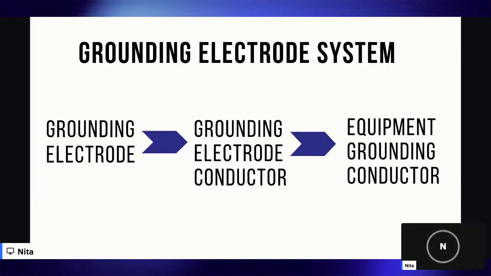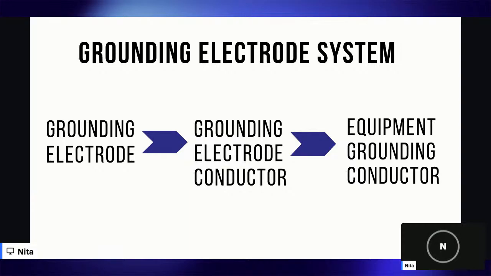So in our main panel, we will be able to see our grounding electrode conductor. It is typically a thicker copper wire. A number 6. We'll get into that next week, but it is a thicker copper wire. So again, it is carrying any of that excess electricity to the grounding electrode.